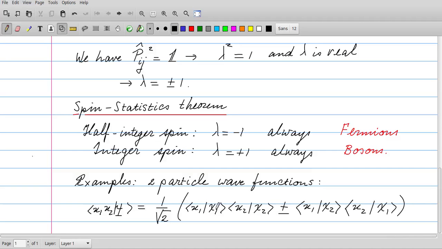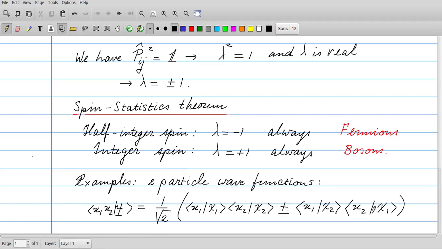So please note the difference between the x1, that is the quantum numbers of particle 1, and this is the state the particle is in, so that's chi1. Particle 2 is in state chi2, and we have plus or minus particle 1 being in state 2 and particle 2 being in state 1.